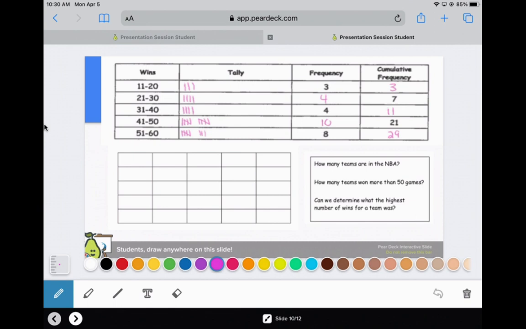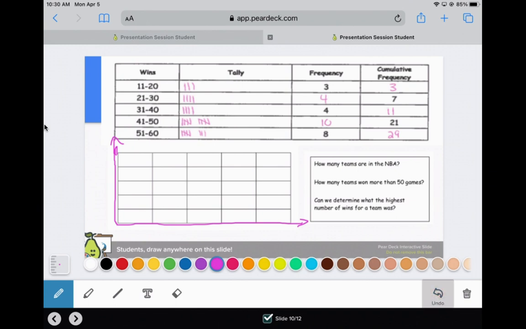Okay. I have the frequency table. I'm going to quickly make the graph for you, and then I want you to look at the graph. Actually, I'm going to ask you to go ahead and go to slide 10 and make the graph. I have the frequency table given to you. I'm going to ask you to create a graph and then answer the question.